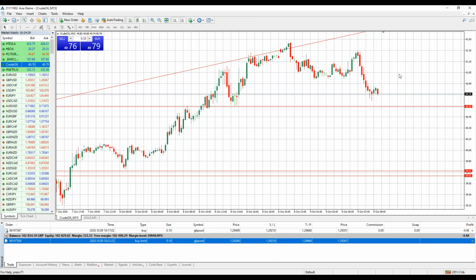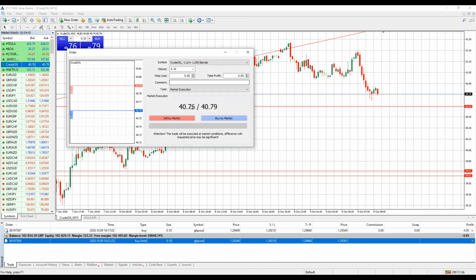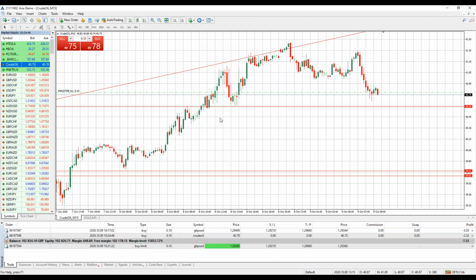If fundamentally speaking, there's a worry about oil supply because of the hurricane, then you might expect this support level maybe to hold. And if that's the case, it's pretty darn close to the support level now. So in that case, fundamentally speaking, it might make sense to buy on oil, right?